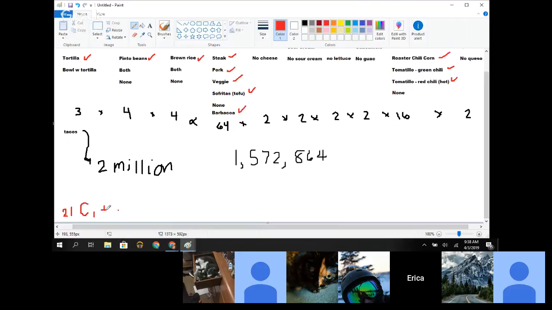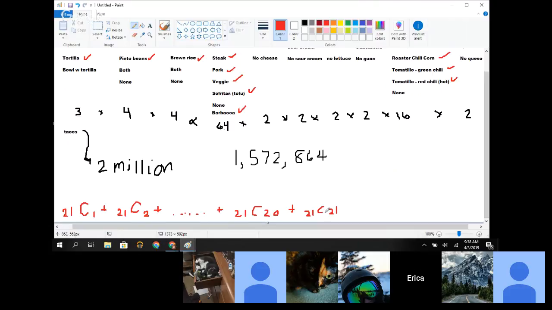I'm also going to say I have 21 menu items and I could choose just two of those items, those red check marks, all the way up until you get to I have 21 items on my menu. I could choose 20 of them, or I have 21 and I could choose all 21.